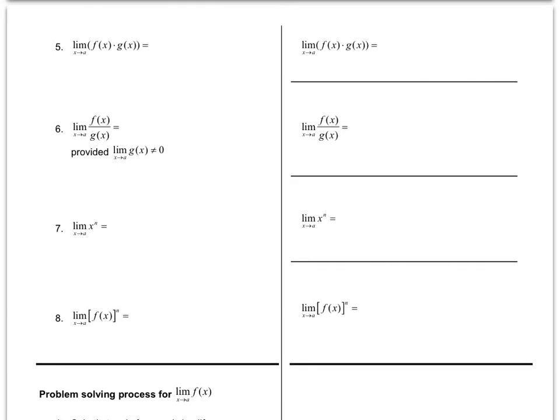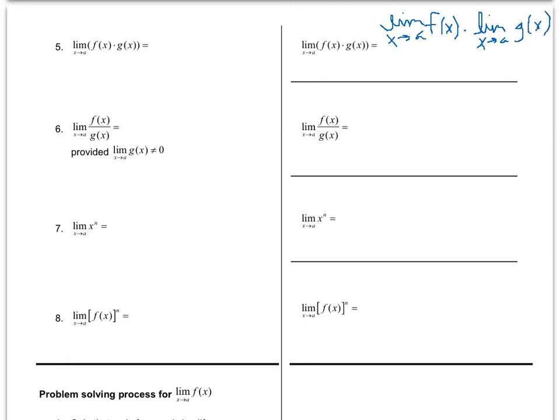Okay, as with the previous example where you were able to split things up, we're going to do the same thing for theorems number 5 and 6. So this limit becomes the limit as x approaches a of f of x times the limit as x approaches a of g of x.